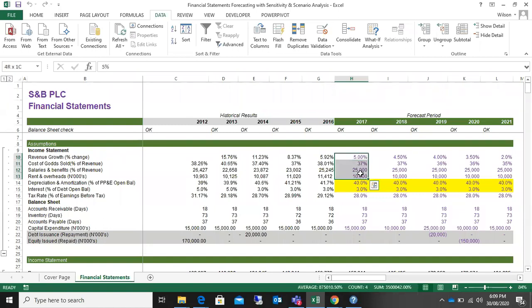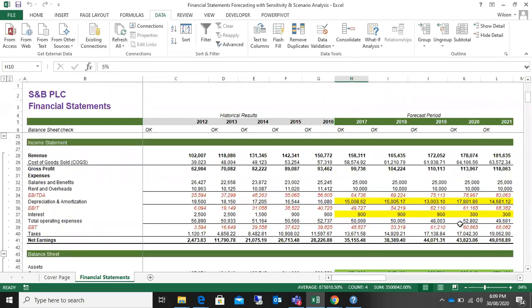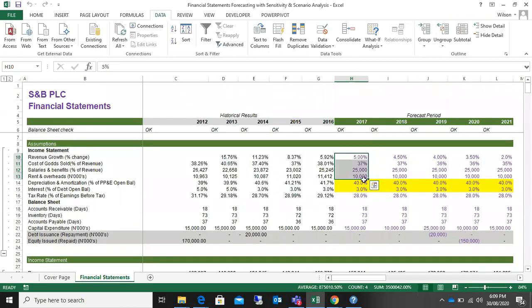What's the impact of all of this on my EBITDA, my EBIT, and my EBT? That is a base case because it's actually a current case. Current in the sense that though it's a forecast, that is a position we will be in the future. That is the unaltered position without saying what if it could be better or what if it could be worse.